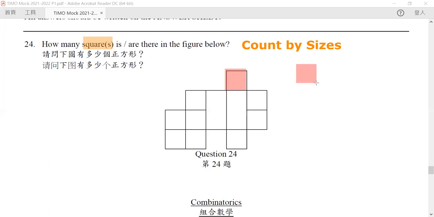How many squares of this size? It would be one by one. This is so-called one by one. How many squares are there which are one by one? So there will be one in here.